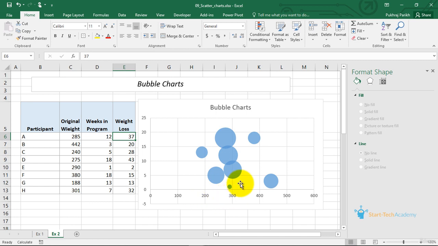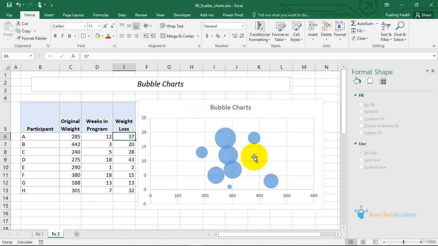So what I'm going to do is I'll use a bubble chart which will have on the x-axis the original weight of each individual participant. On the y-axis it will have the number of weeks the participant was in program, and the radius of this bubble will be this third variable.